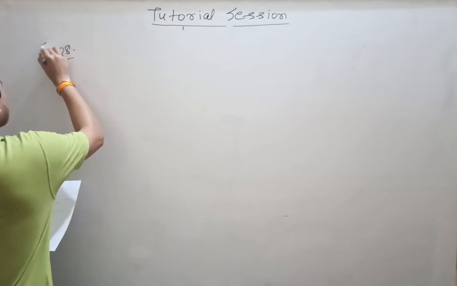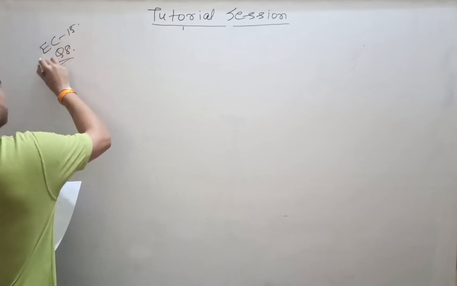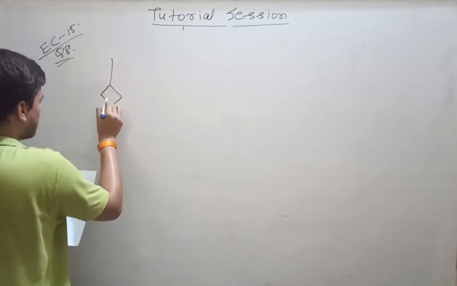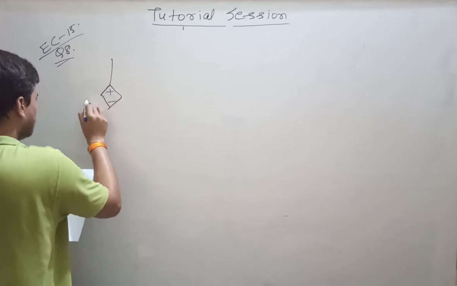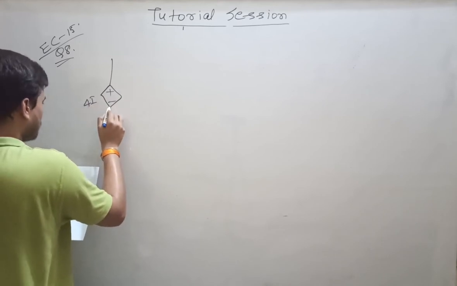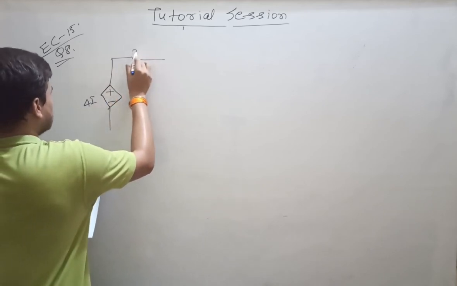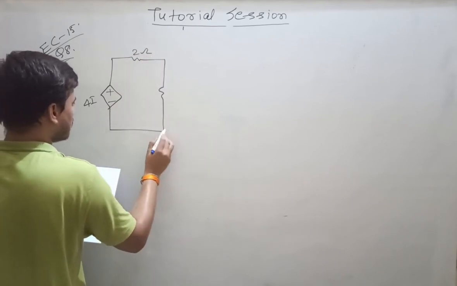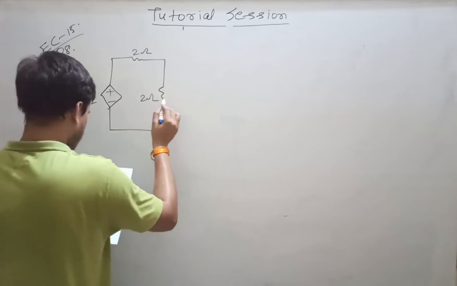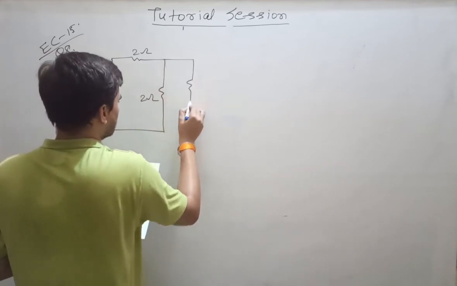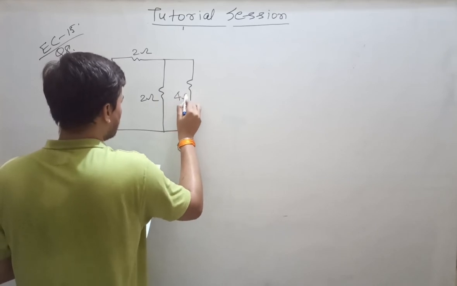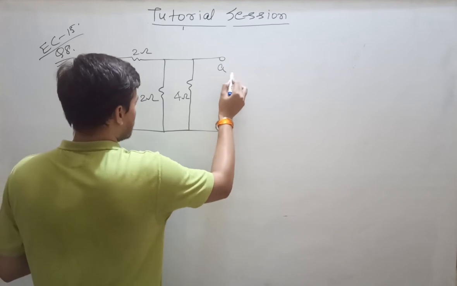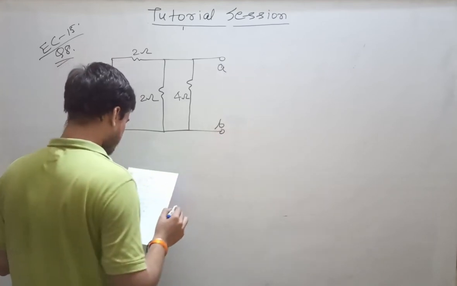It was asked in GATE 2015 Electronics and Communication Engineering. The circuit has a dependent source of 4I, two resistors of 2 ohm, and a 4 ohm resistor. These are terminals A, B.